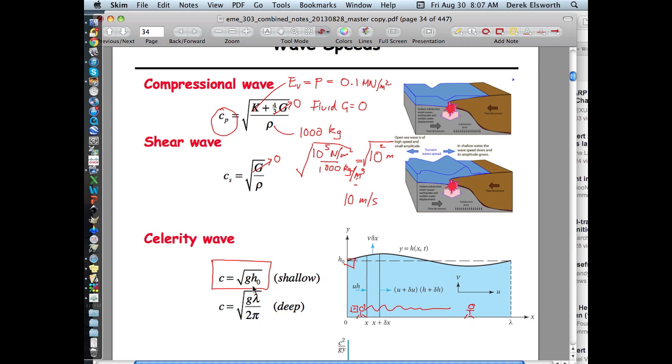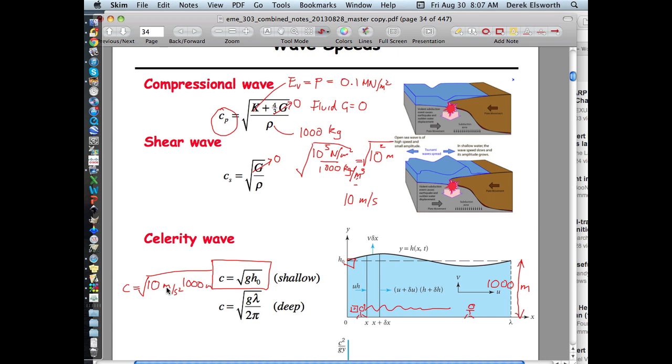And so you can work out what that would be. We're going to use an example for what happened roughly 2.25 years ago in Japan. If you work, for instance, with the sea, which is, say, 1,000 meters deep, then the celerity of the wave is going to be the square root of gravitational acceleration, which is roughly 10 meters per second squared, multiplied by the depth, which is 1,000 meters.